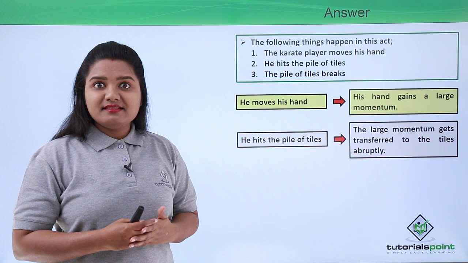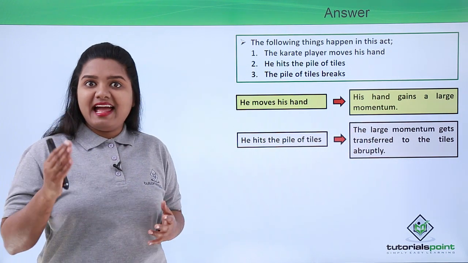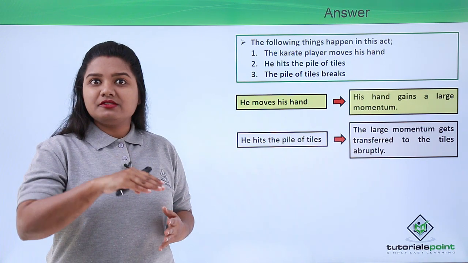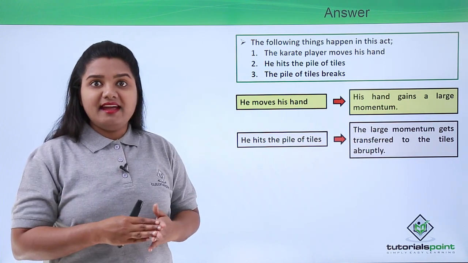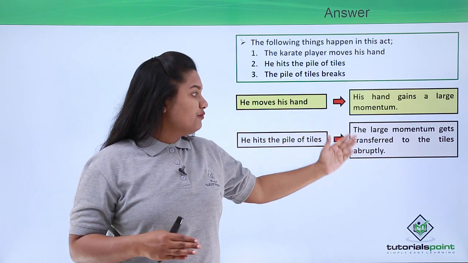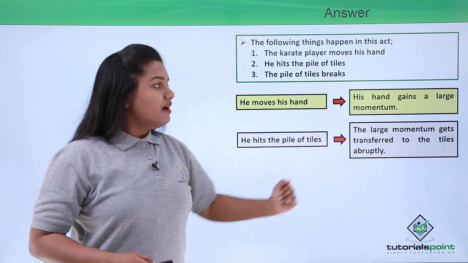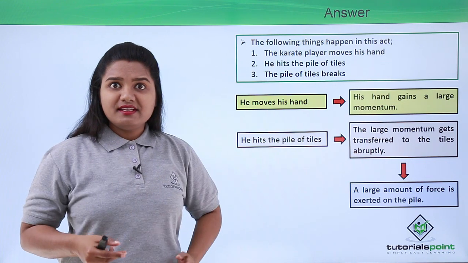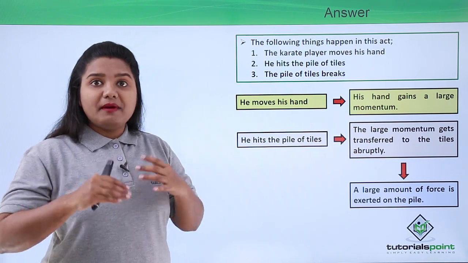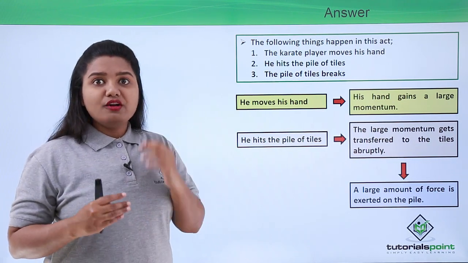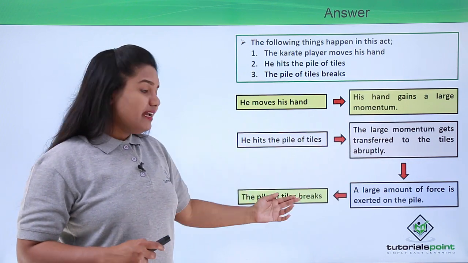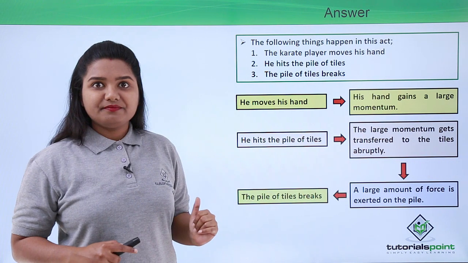What I mean to say is, the large momentum that his hand has developed by moving quickly completely gets transferred to the pile of tiles, and this happens very abruptly. As a result, a large amount of force is exerted on the pile of tiles all of a sudden, and this is what leads to the breakage of the pile of tiles.